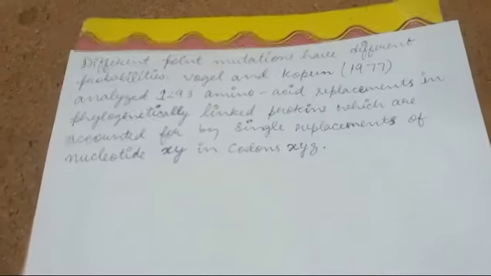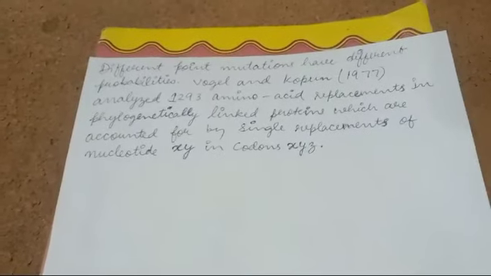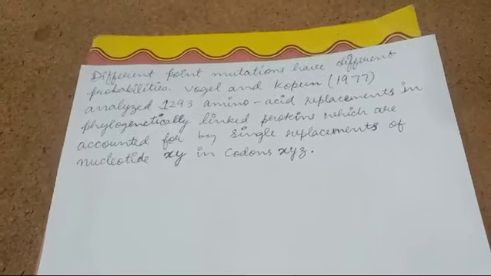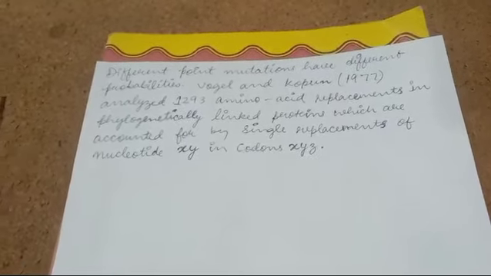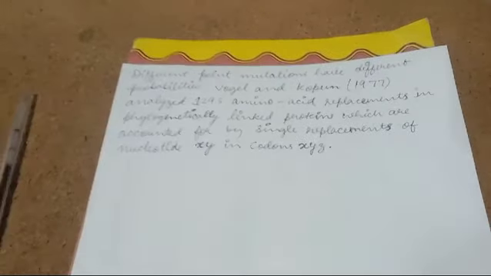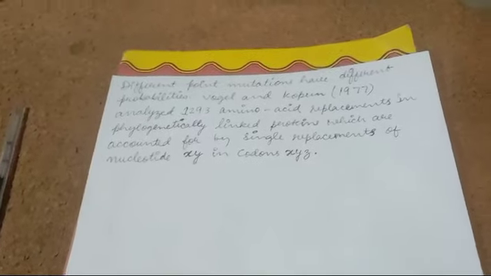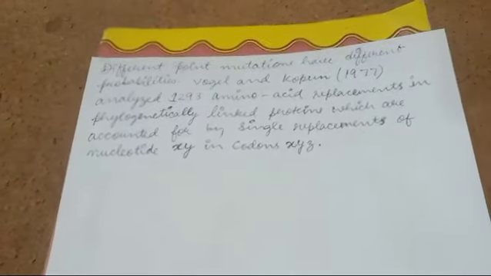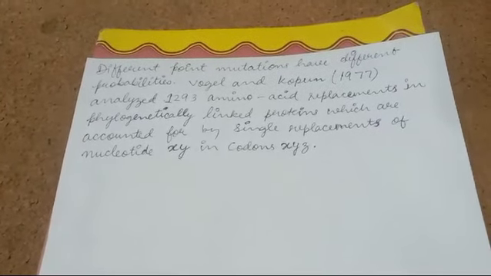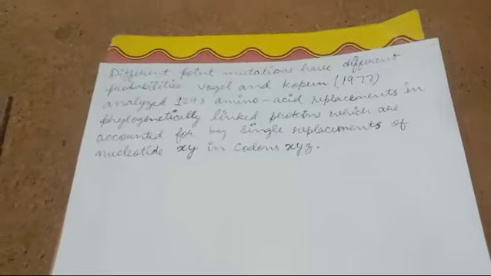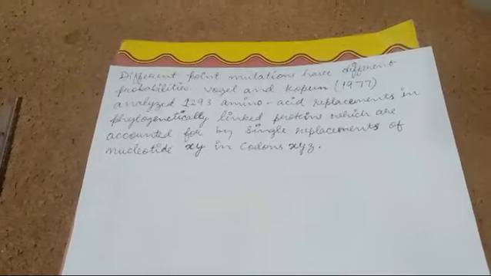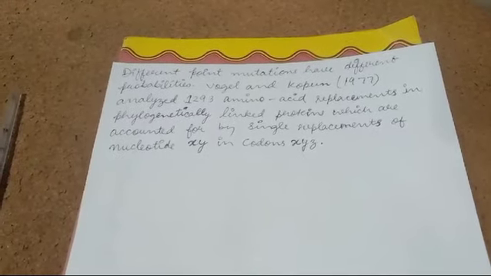If we talk about different point mutations, these probabilities are based on the 1977 analysis by Vogel and Kopun, a scientific theory based on 1293 amino acid replacements in phylogenetically linked proteins, which are accounted for by single replacements of nucleotide XY in codon XYZ. Furthermore, influential things said by Vogel and Kopun are explained by mutation.